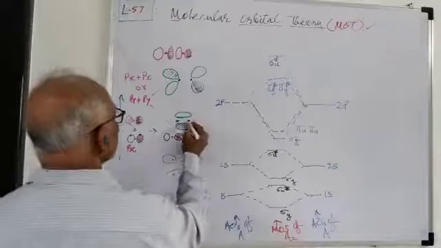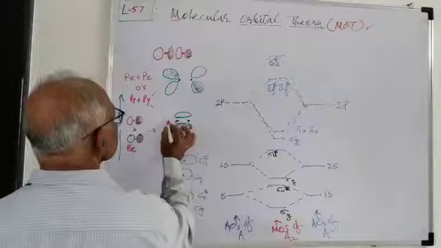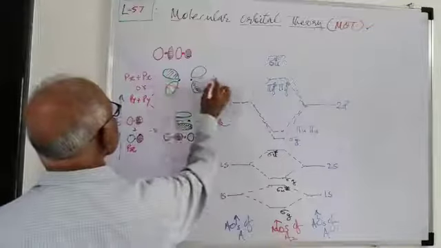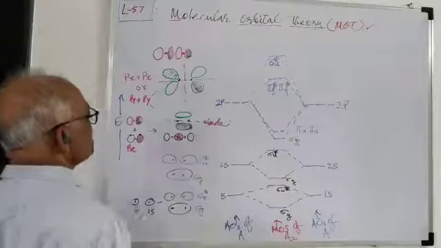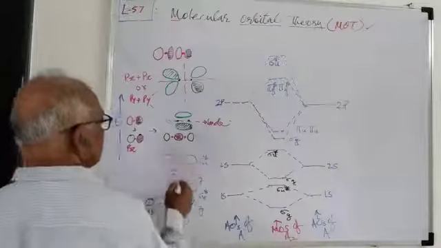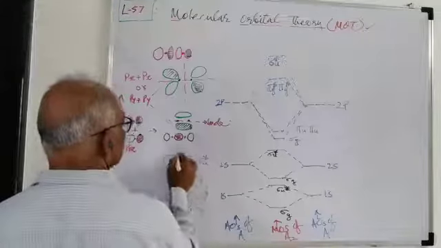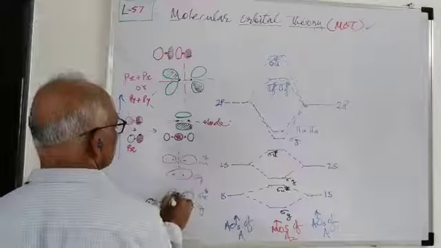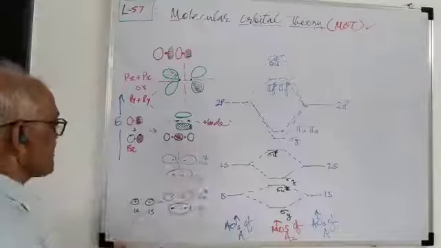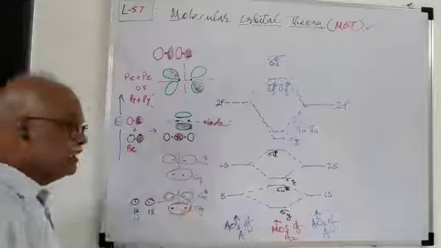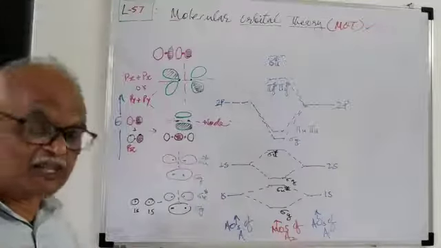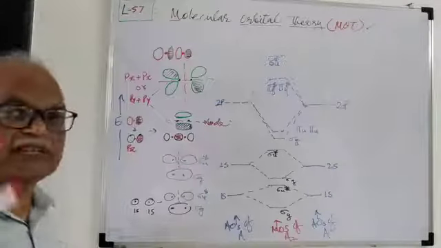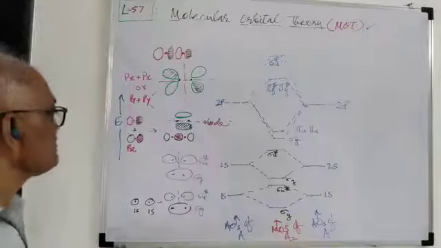So there is also a node like this. So these are nodal planes. So here you will also find that the node is like this in vertical direction. Here also you will find the node, that is the region around this atom or nucleus having electron density zero.